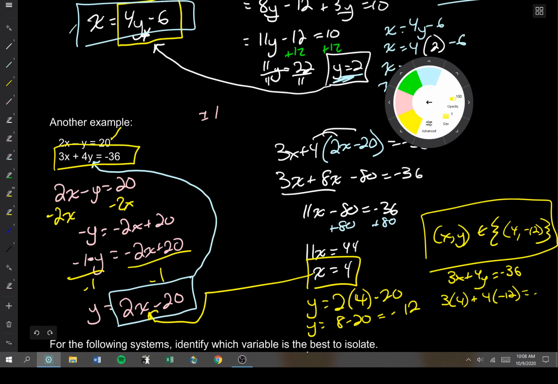That should come out to negative 36. 12 minus 48 is negative 36. Bingo, we got it. We have the correct solution. Identify which variable to solve for, and then do your substitution.